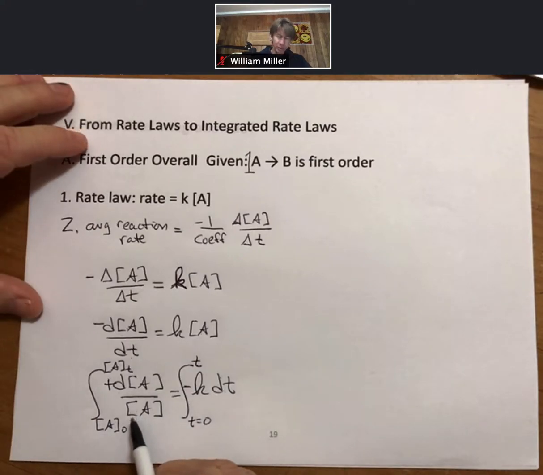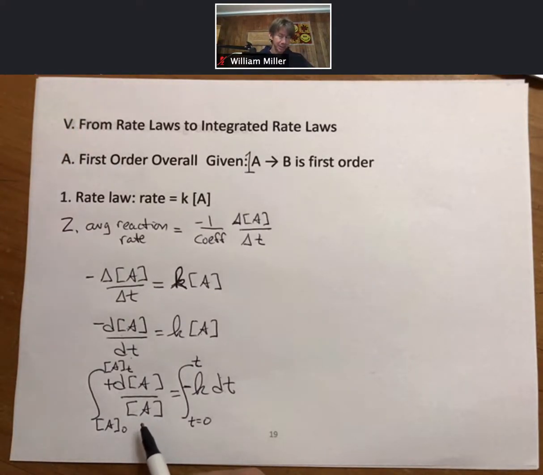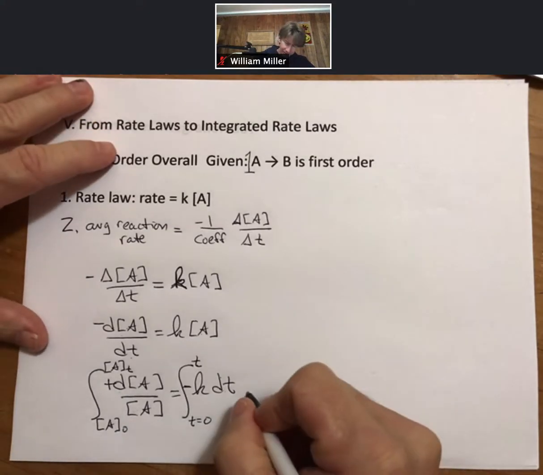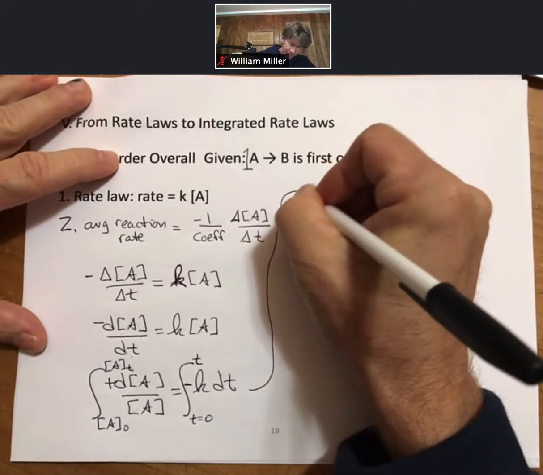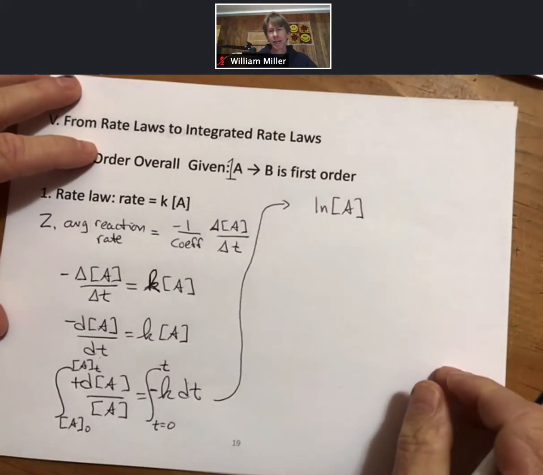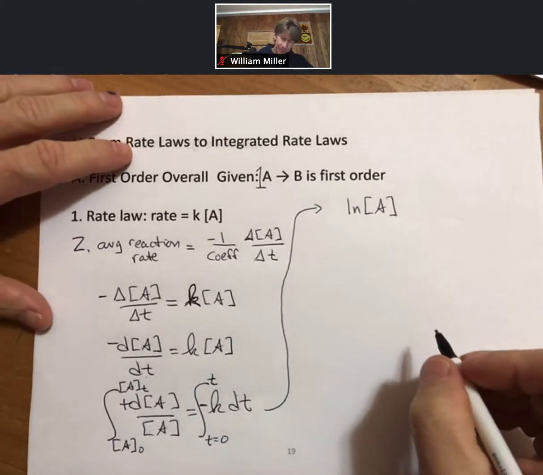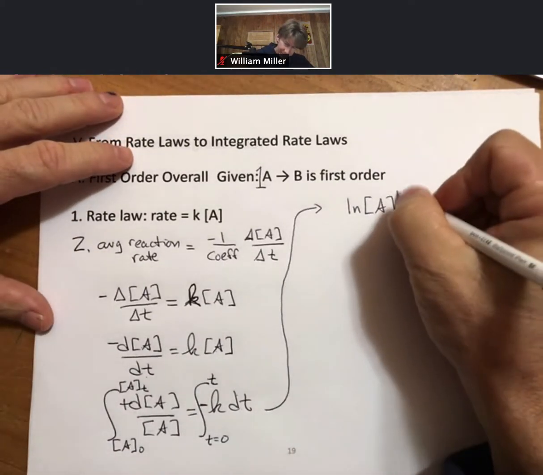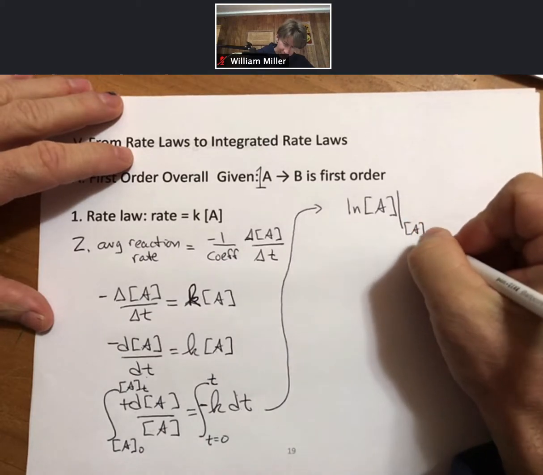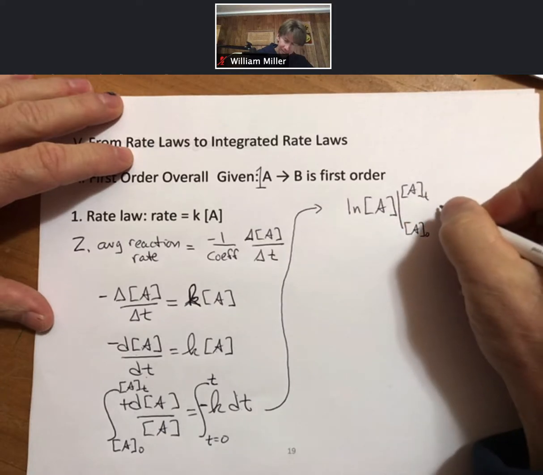For those of you who have done integration, you know that when the variable is to the negative 1 power, in the denominator, the integral is what's called the natural logarithm of, in this case, concentration of A. And that's going to be from concentration of A naught, for time 0, to concentration of A t.